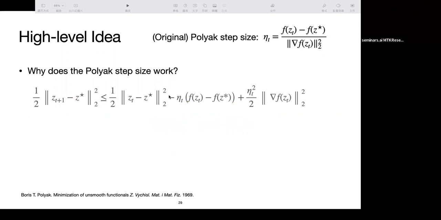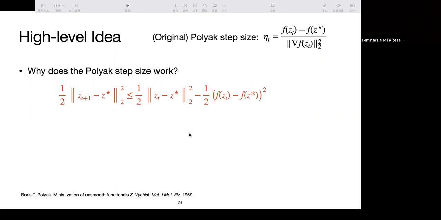Let me use gradient descent as an example because it is easy to interpret by drawing a picture. Let's start with an inequality from a well-known result called the Bregman proximal inequality in the optimization field. When we plug the definition of the standard Polyak step size into the inequality, we can get the following relation.